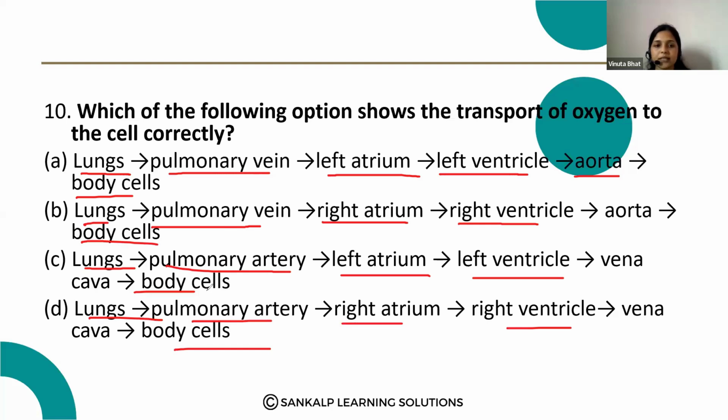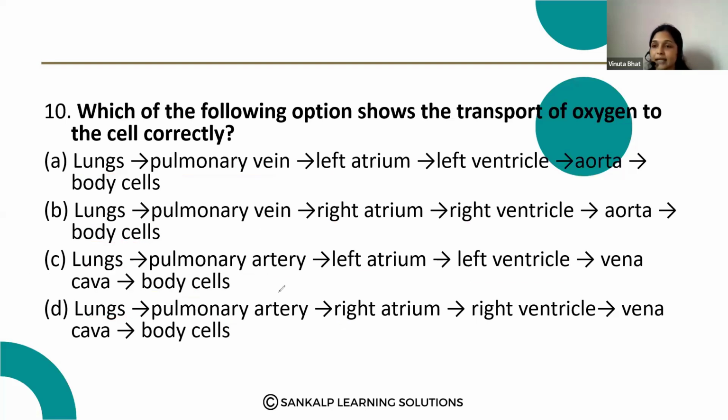Here, the vena cava collects the deoxygenated blood from all the parts of the body. So the vena cava is not included in the transportation of the oxygenated blood to the body cells. So we can eliminate options C and D because the vena cava is present there.